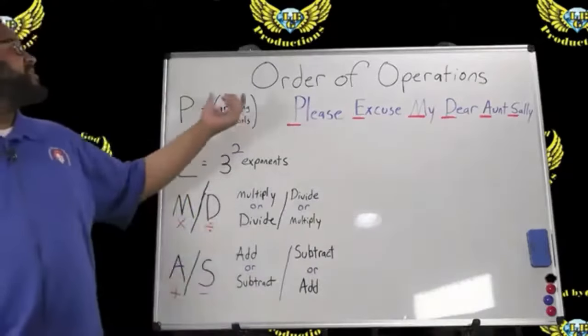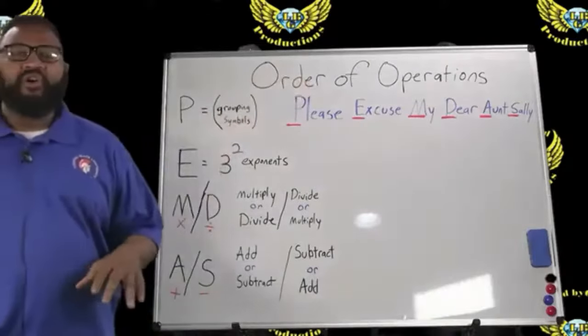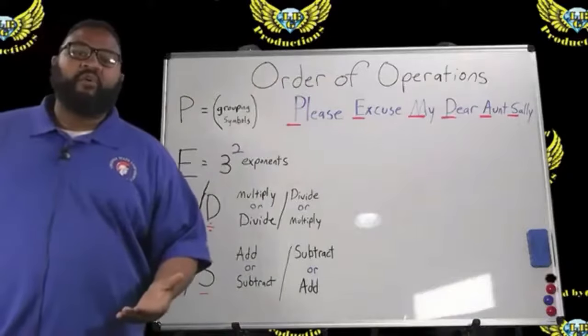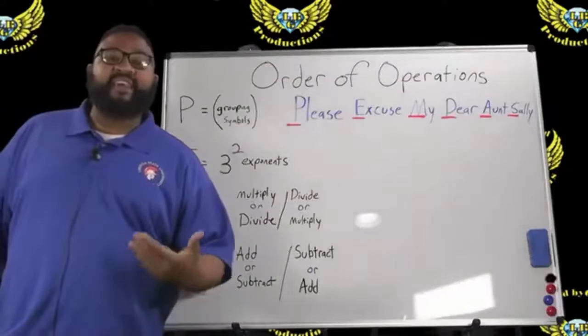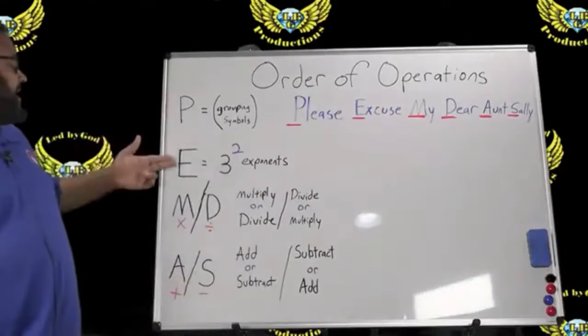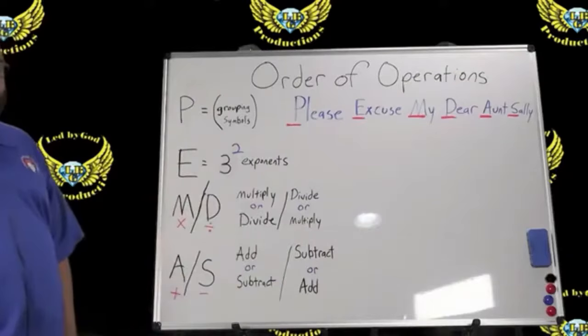This is what we're talking about. Also, when we talk about the order, we're talking about the different steps. So this is like a recipe tonight. I have P, E, M, D, A, and S.